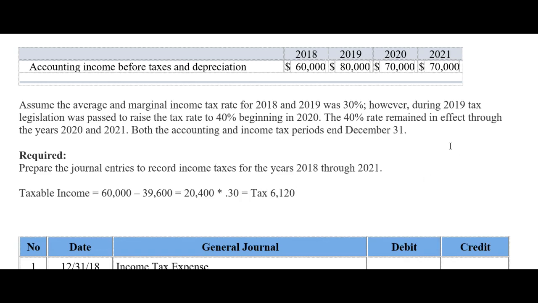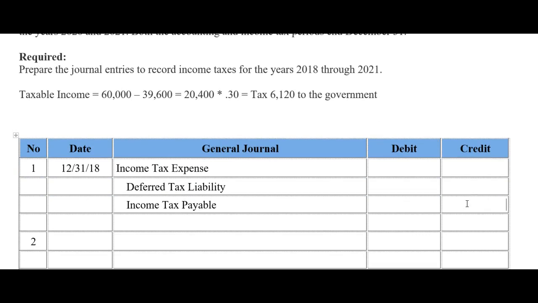That's the amount we have to pay to the government, the taxing agency. So that's going to be our income tax payable, $6,120. Now, to find our deferred tax liability or our income tax expense, in this case we could find either one and it would work out perfectly fine. So let's start with our deferred tax liability.